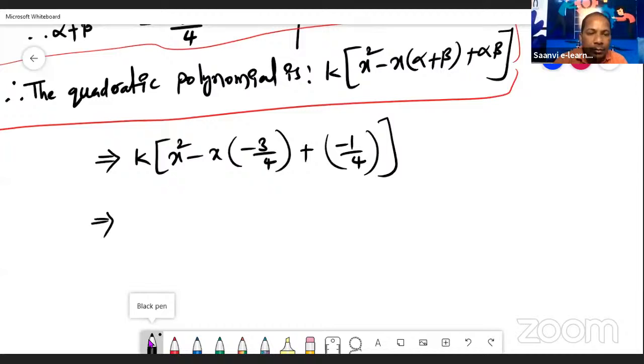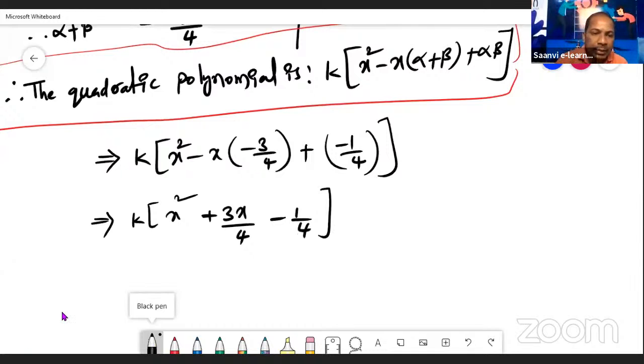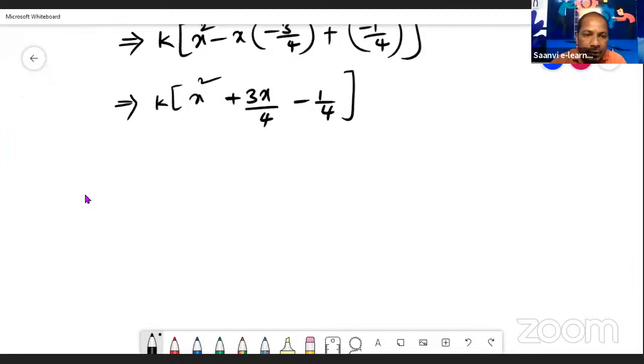So k of x square minus, see here, minus into minus we get plus. Why? Because two minus symbols are there, no? Minus into minus plus, x into 3, 3x by 4, and here plus into minus, minus 1 by 4. Again here also fractions are there. So again we should take LCM here.